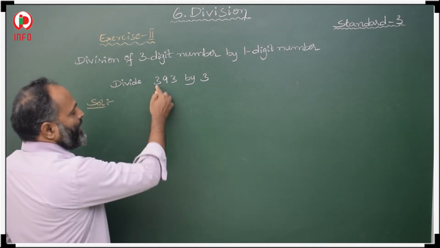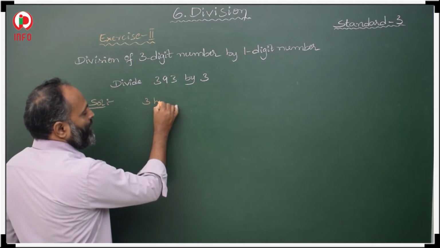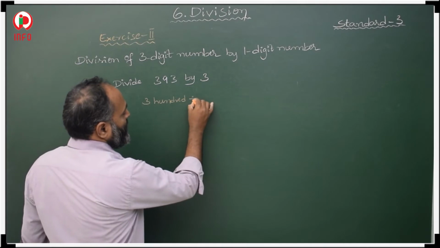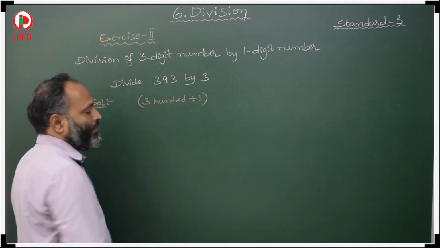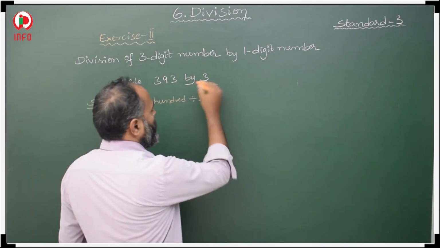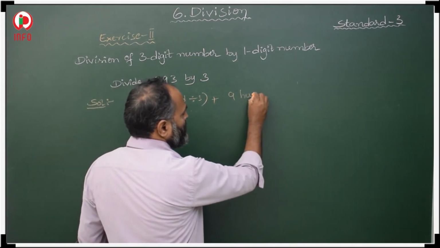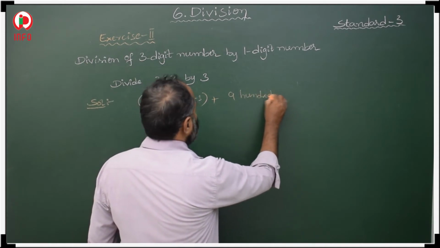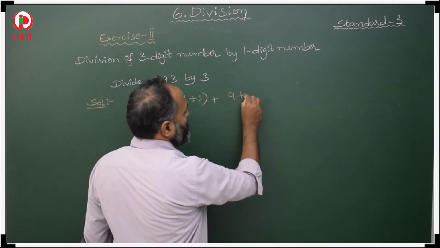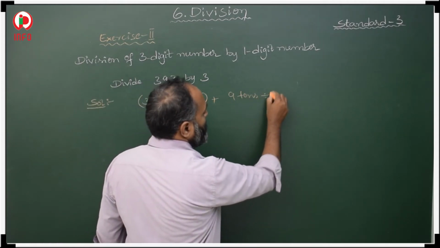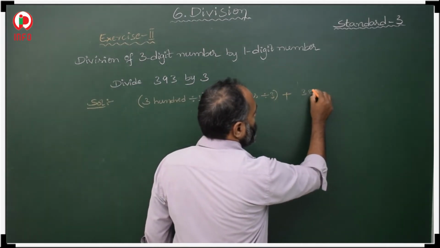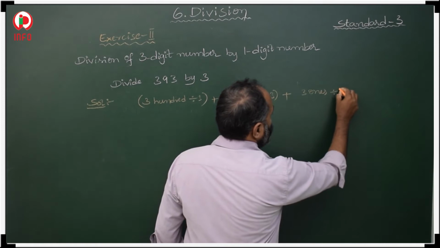First 3 is in the hundreds place, 300. 300 divided by 3, and after that 9 in the tens place, 9 tens divided by 3, plus after that 3 ones, 3 divided by 3.